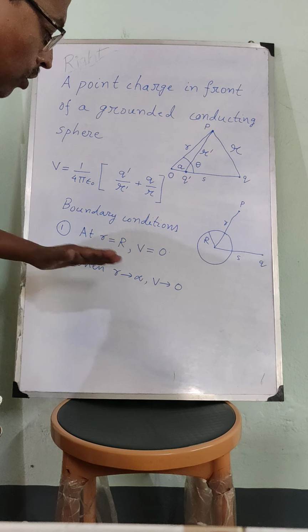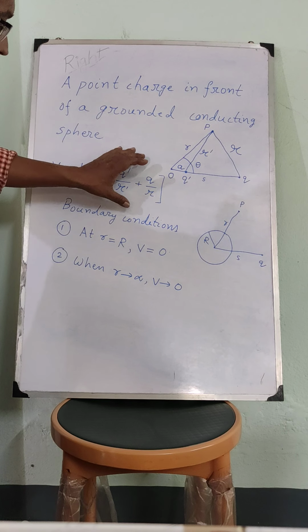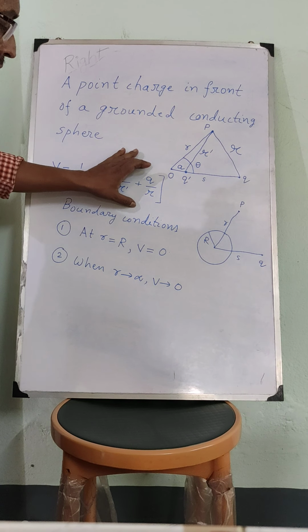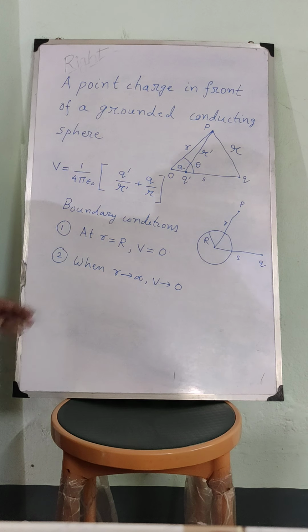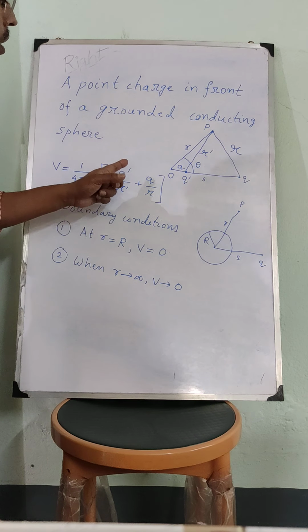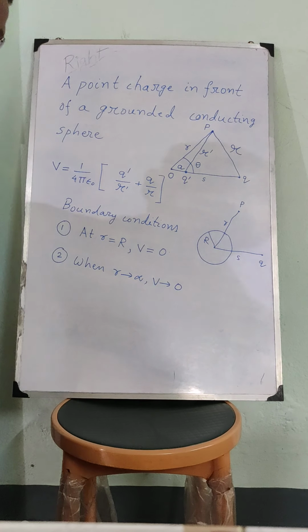These are the two boundary conditions, and we will see that this expression of the potential satisfies these two boundary conditions and also agrees with the fact that we have a point charge q here.